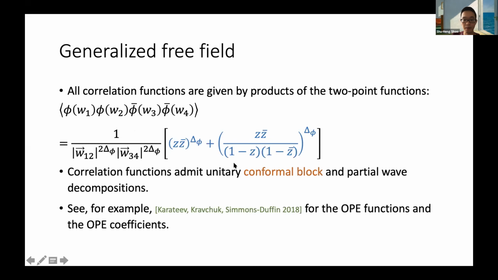Also, for this 4-point function, you can expand it on the conformal partial waves along the principal series. And the OPE coefficients for the conformal block decomposition, as well as the OPE functions for the conformal partial wave decompositions, have all been worked out explicitly in the literature. For example, you can see this paper from 2018. I'm not going to write it in this talk, but they are explicit functions of the gamma functions.